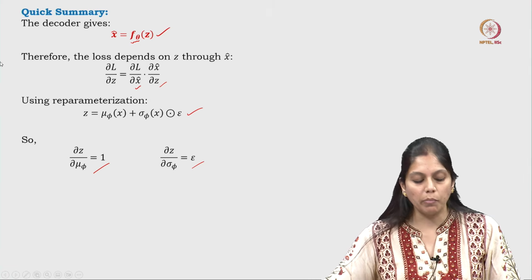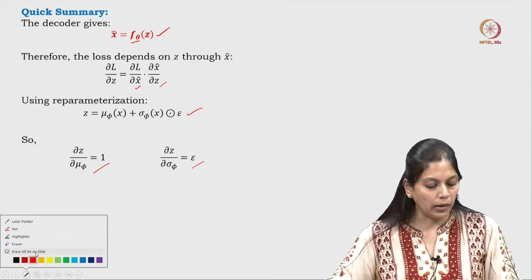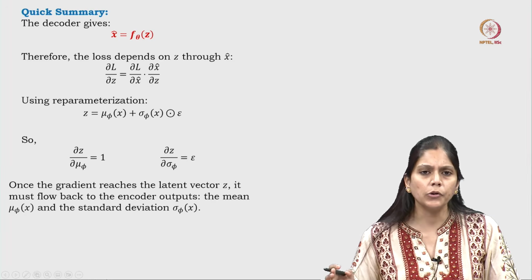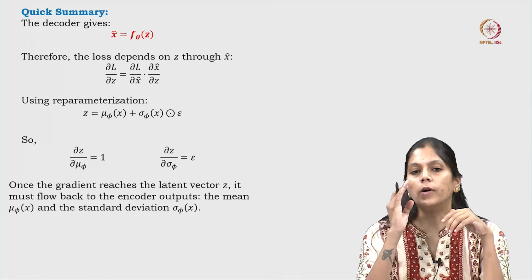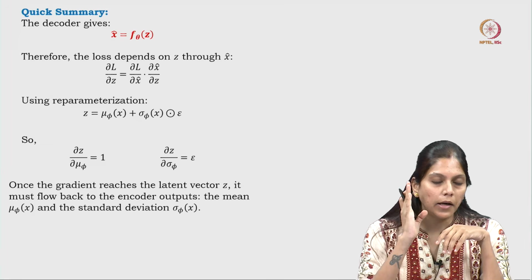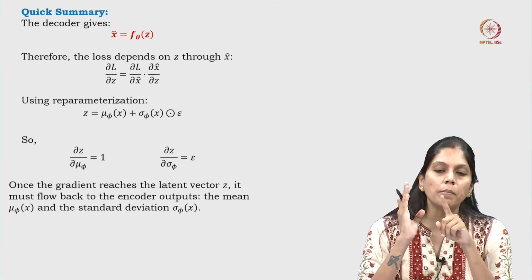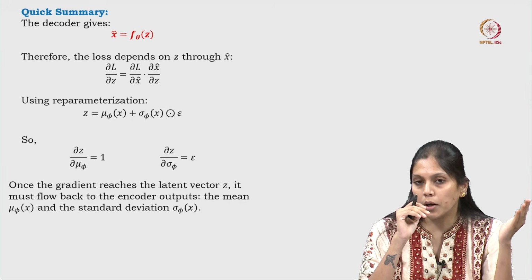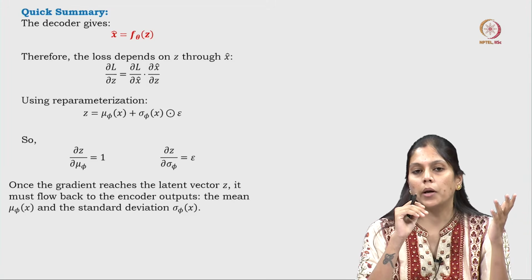So the problem we had earlier, we were able to solve. So what have we done? Once the gradient reaches the latent space z, the gradient has to go back to the encoder outputs. What are the encoder outputs?